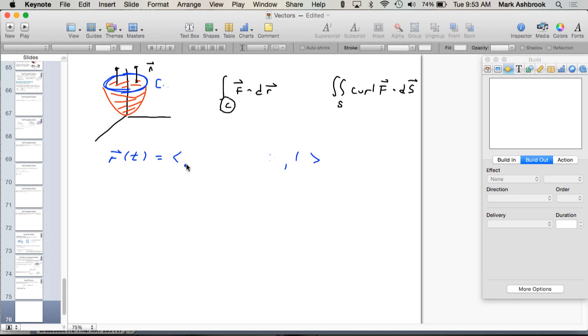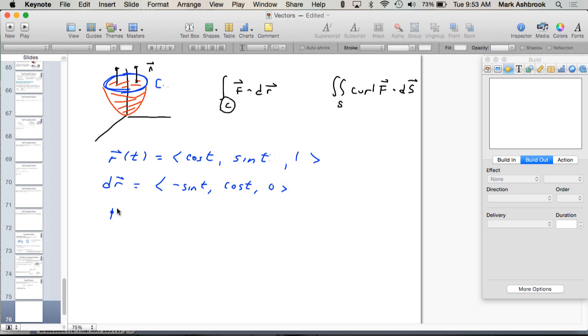And then our x coordinate will be, because it's radius 1, just 1 cosine t and then 1 sine t. Okay, we're off to a good start here. And then for the integral, we need dr. So dr is negative sine t, cosine t, 0.